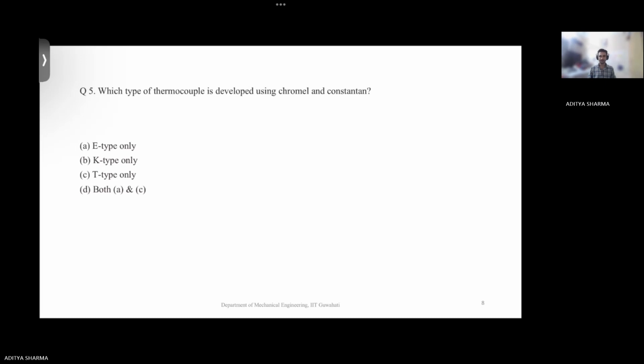So chromel and constantan, this is E-type thermocouple. So correct answer is A.